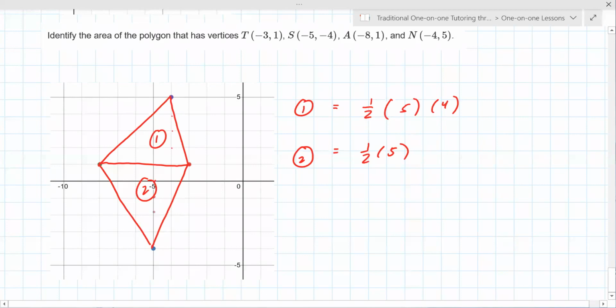I get 22.5. Yeah, that looks pretty good.